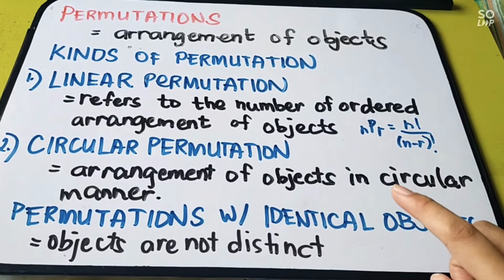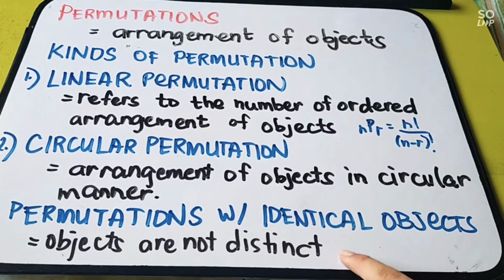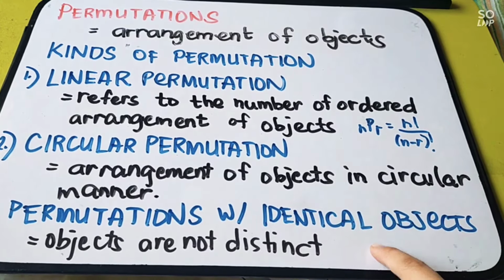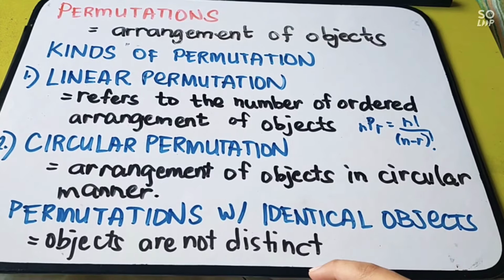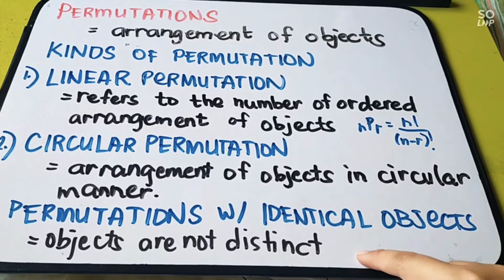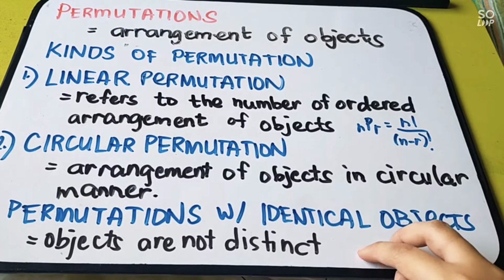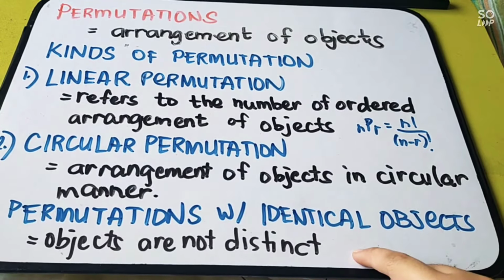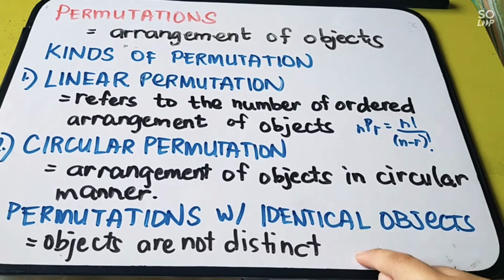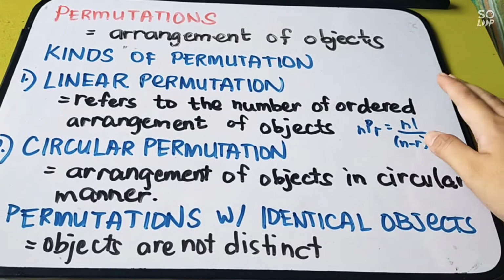The third kind of permutation, permutation with identical objects, where the objects are not distinct. Meaning, yung ating object na involved ay merong parehas na object. So, hindi siya magkakaiba. Okay? Now, let us move with linear permutation.